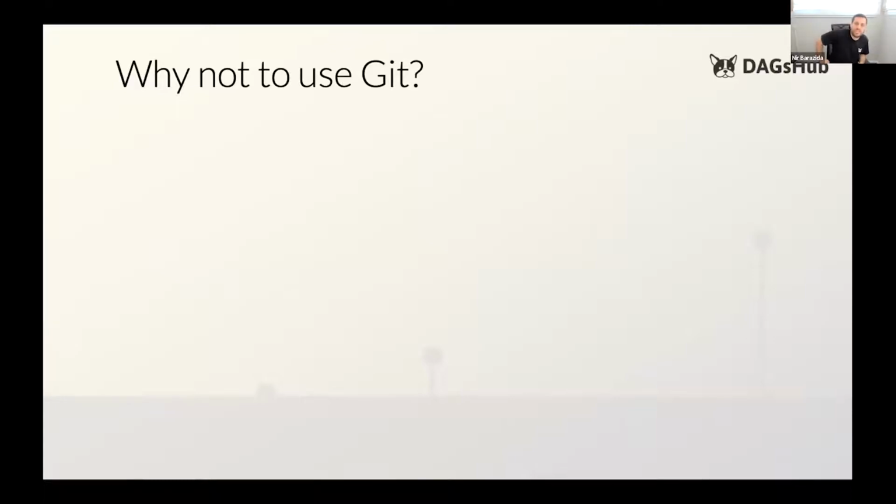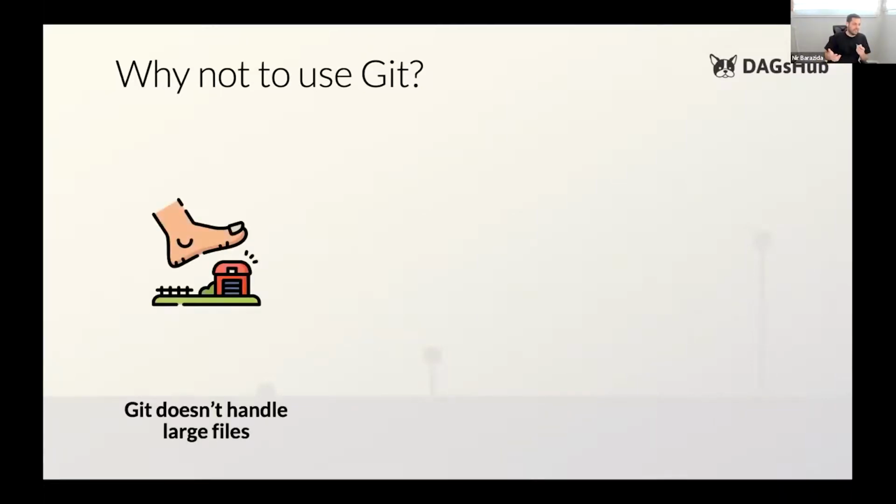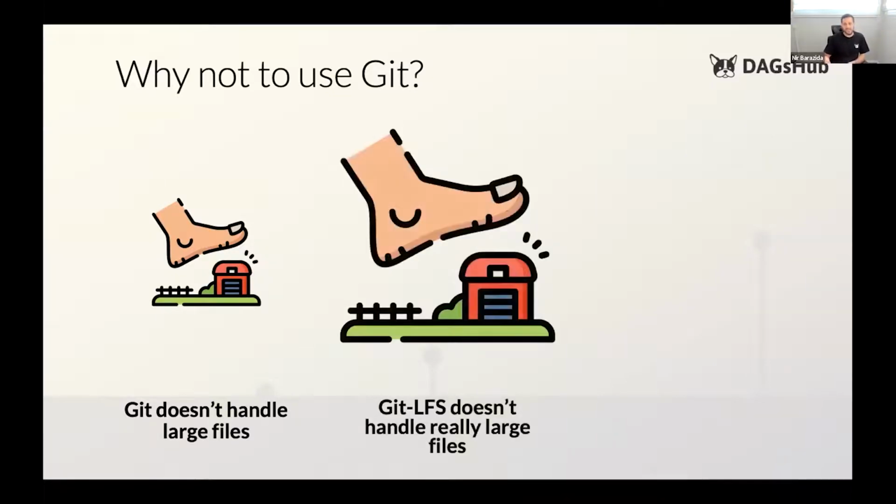Git was originally designed for managing software development projects and for versioning text or code files. Therefore, Git doesn't handle large files very gracefully. Now you're probably going to ask me, why not simply use Git LFS for this task? Git LFS is better than Git for managing large files, but when scaling or having multiple images, it fails.